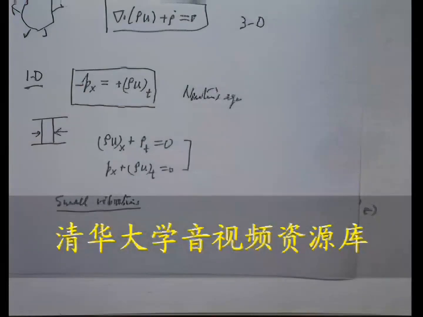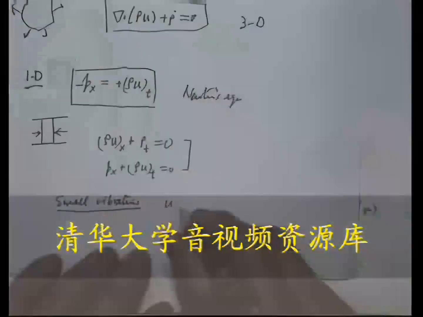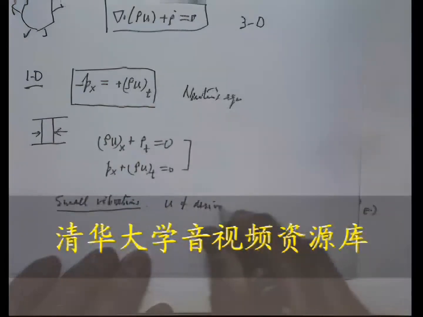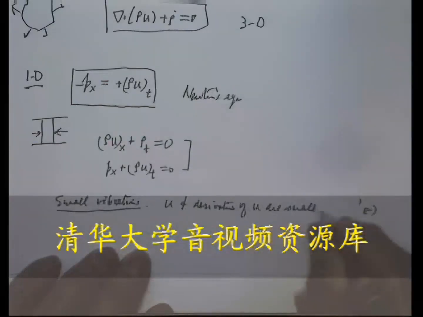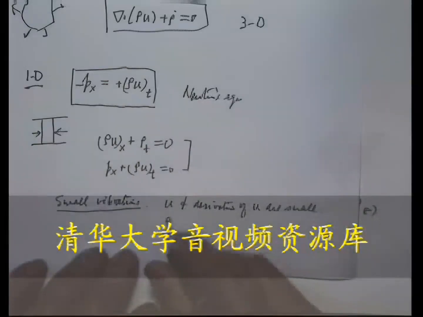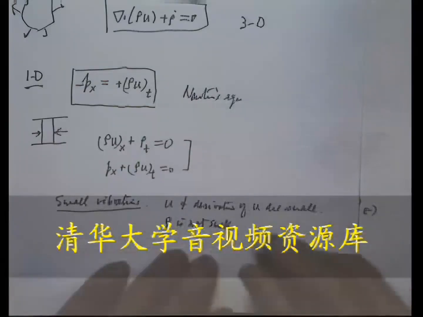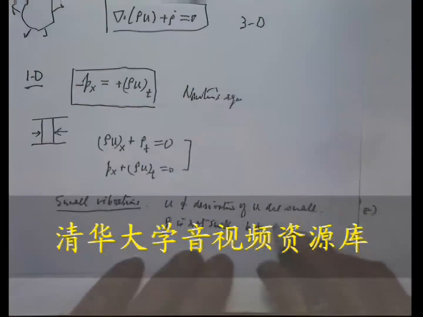Now we talk about small vibrations. Small vibration means that u and all the derivatives of u are small. Rho is not small, but rho's changes are small: the derivatives rho_x and rho_t are small.